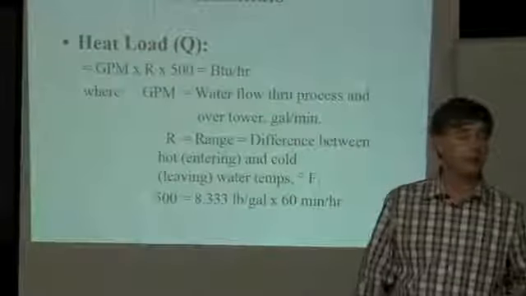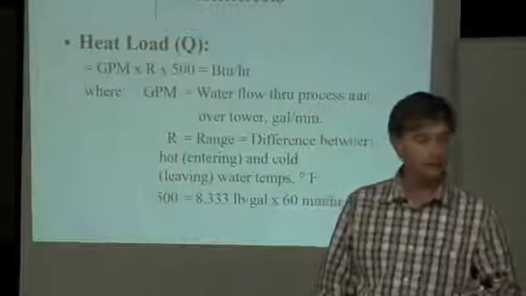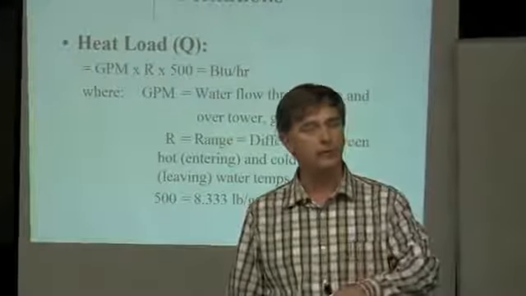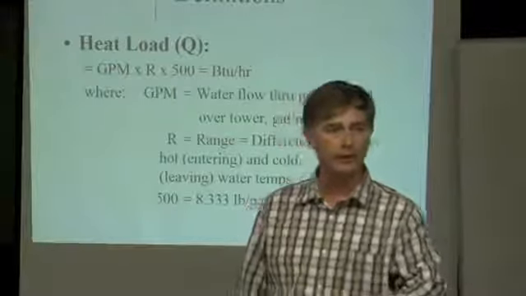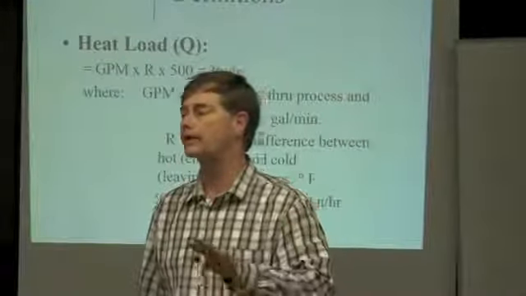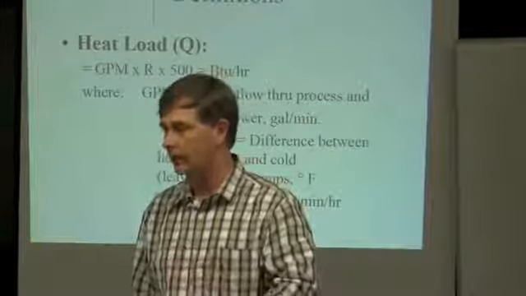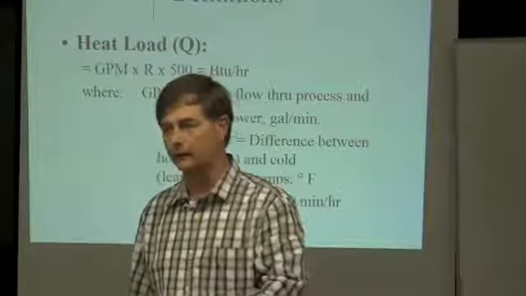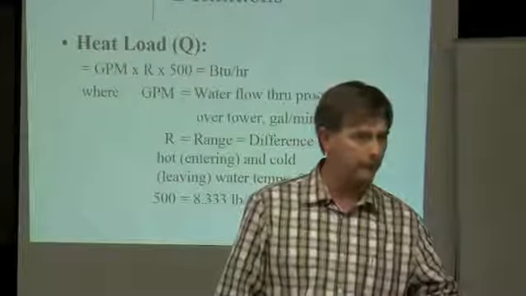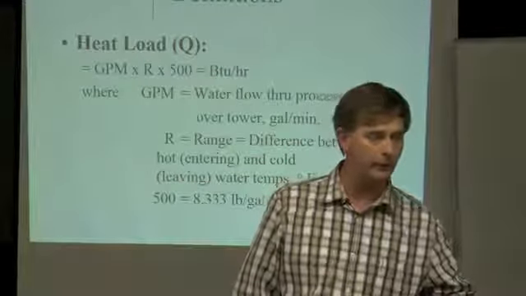In your formula sheet, I've given you some heat load formulas. You can take a look on the cooling tower side. However, understand when we're looking at the size of a chiller, we're not looking at it on the condenser side, are we? We're looking at it on the evaporator side typically, because that's what we're most interested in.